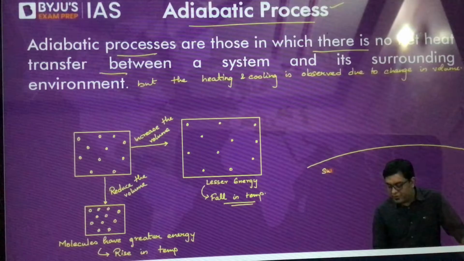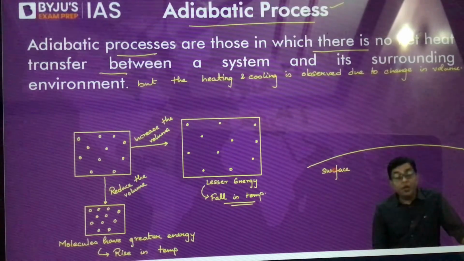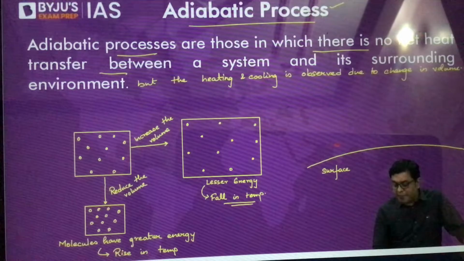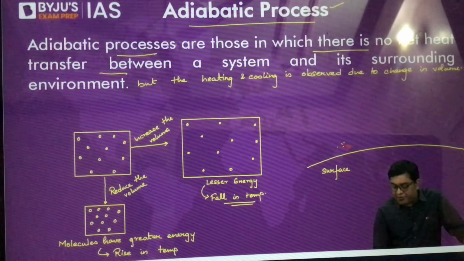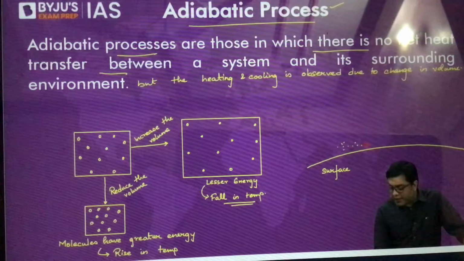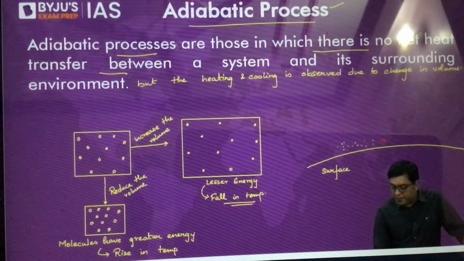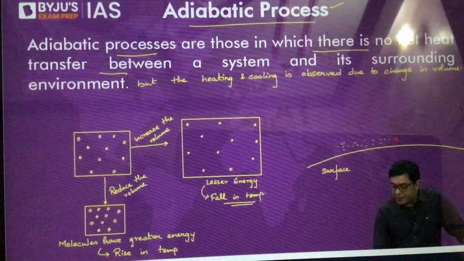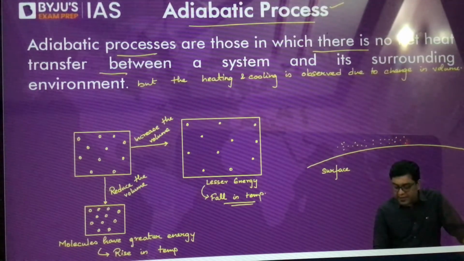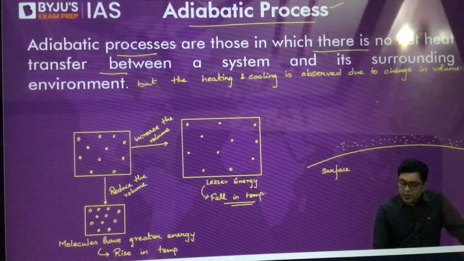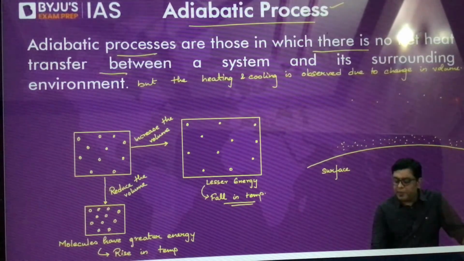We know that the density of air is maximum near the ground surface, isn't it? The higher up you go, the density is lesser, which means air gets a larger space.